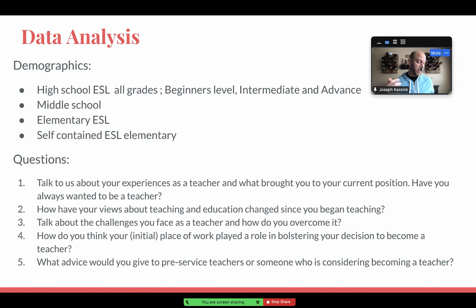In answer to the first question, family played a huge role in many of the decisions for our people to become an educator. However, actual experiences in the educational setting led most of the participants into the educational field. These experiences ranged from instructional assistance to coursework that they had experienced in high school. So there was a variety of experiences that led them to becoming teachers.